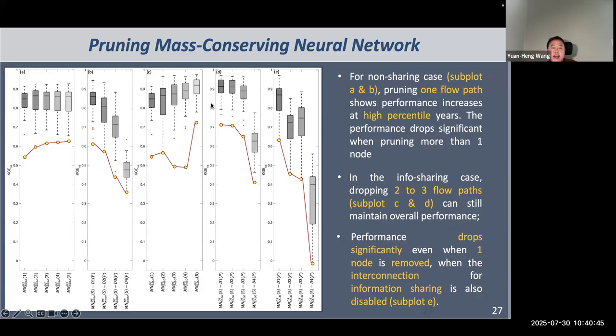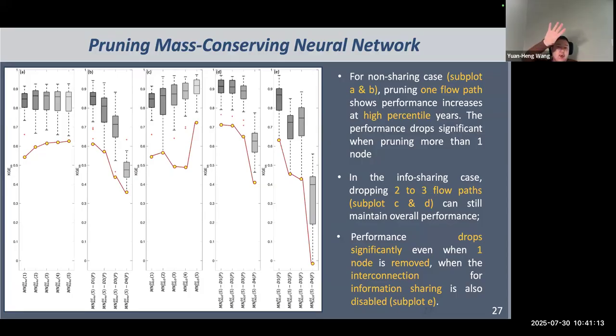So in subplot D, we take the last model in subplot C, and then we start to shut down the flow paths. But you see the performance does not really decrease that much, because the output gate parameter is a matrix, and the diagonal represents the parameter controlling the output for its own node.